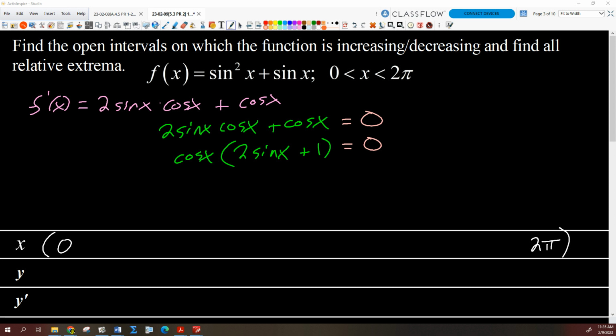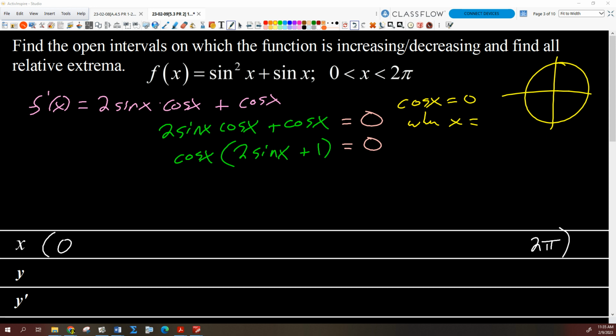So if we apply the zero product property, then look what happens. Cosine is equal to 0 where on our domain? That's just a unit circle question. So if we'll go over here, here's my unit circle. Cosine x equals 0 when x equals what?